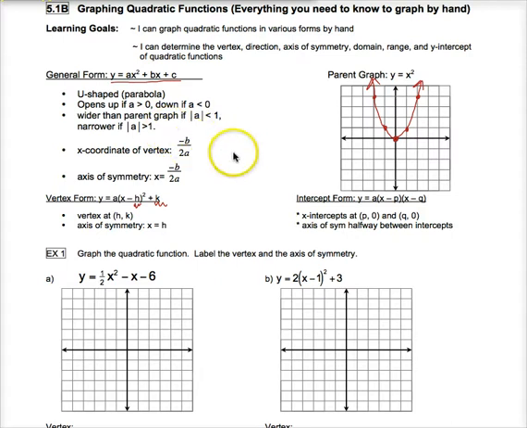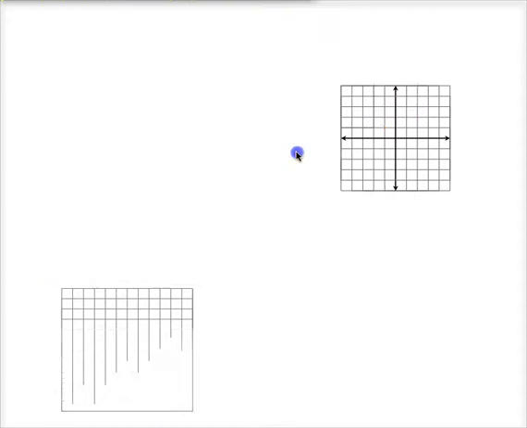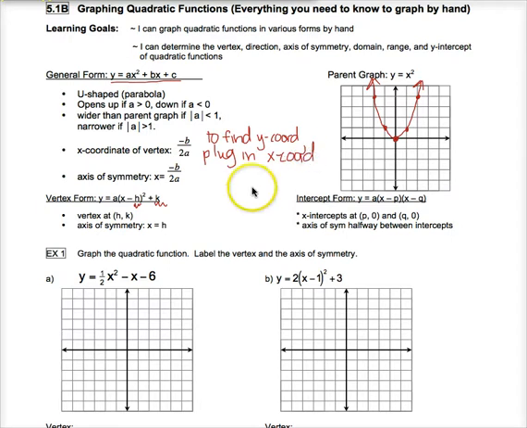So it's opposite of b divided by 2a. That gets you the x-coordinate. To find the y-coordinate, you have to plug the x-coordinate in. So there's no formula to find the y-coordinate. It's just once you know the x, you plug it in to find the y.